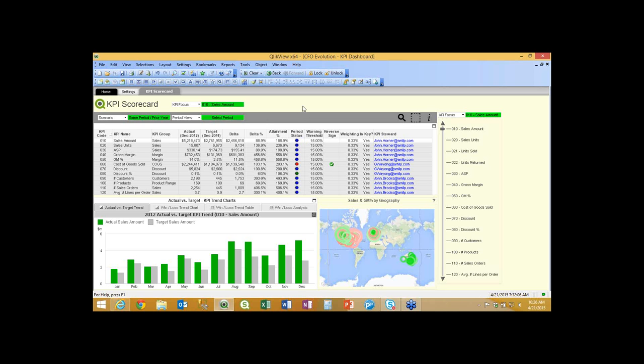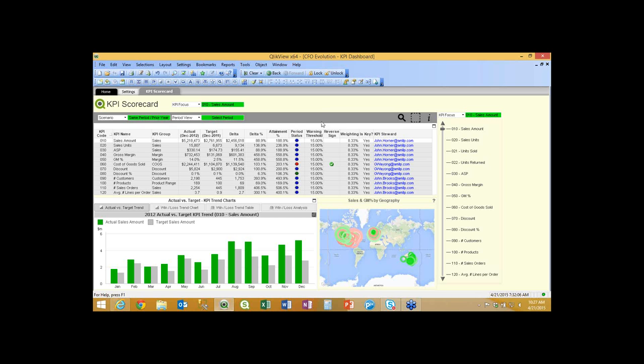Now on the period status, we see a lot of this. It's a visual indicator to recognize whether or not the delta, if you like, is good, bad, or indifferent. We hear a lot about red, amber, green. In this case, we've actually added a fourth just to work through this example. But let me walk through some of the complexity here. This period status can be one of the complex things that needs to be really thought about in this scenario.